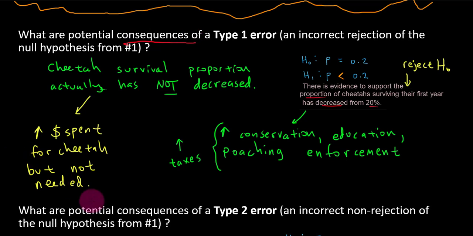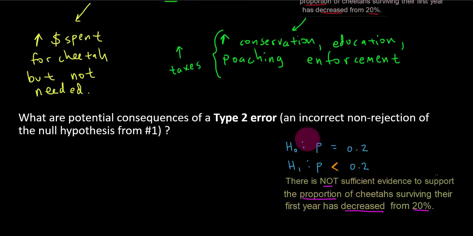Now let's consider what potential consequences could happen with a type 2 error. So I'm going to scroll down here. Let's look at this hypothesis again about the proportion decreasing for the first-year survival for the cheetahs. And here I've got the conclusion that we stated.